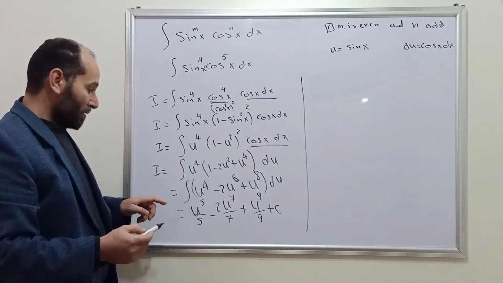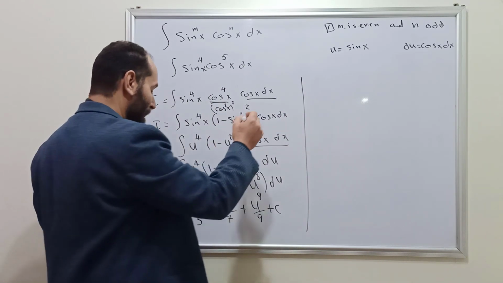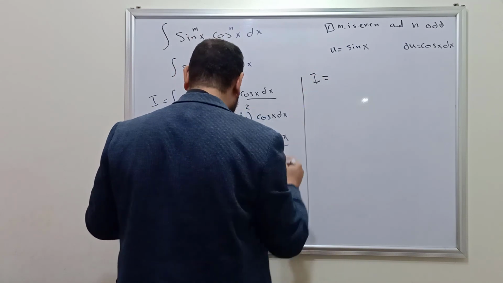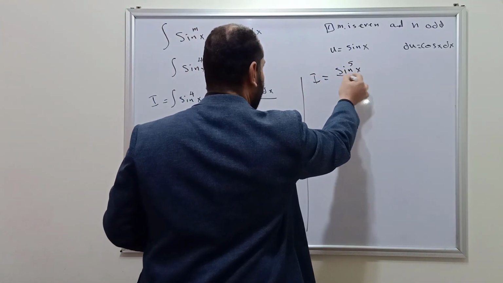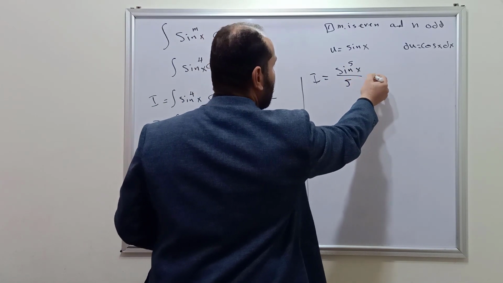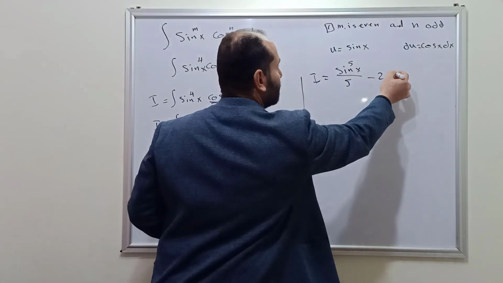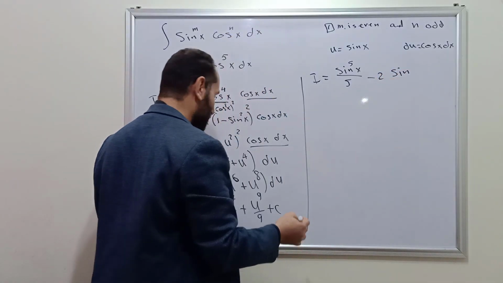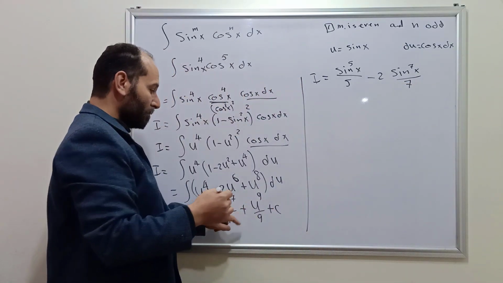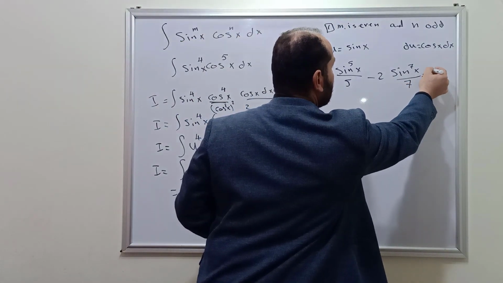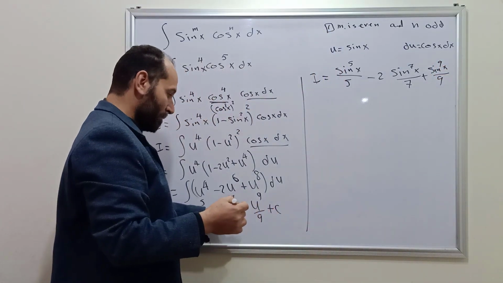We can put sine x instead of u. I equals sine power 5 x over 5 minus 2 sine power 7 x over 7 plus sine power 9 x over 9 plus c.